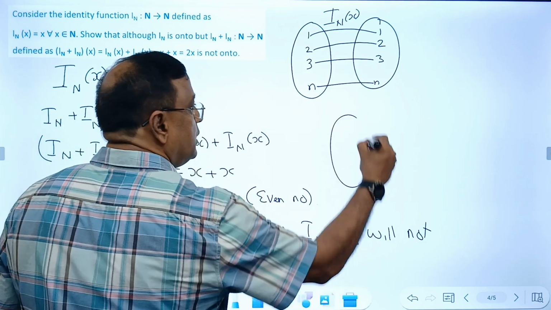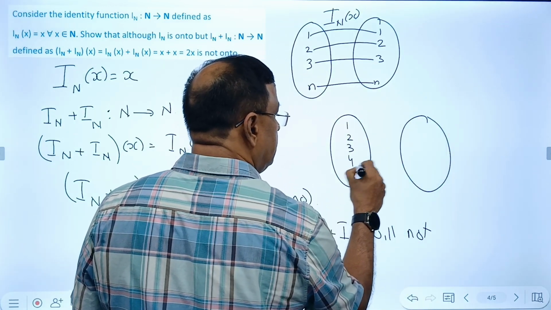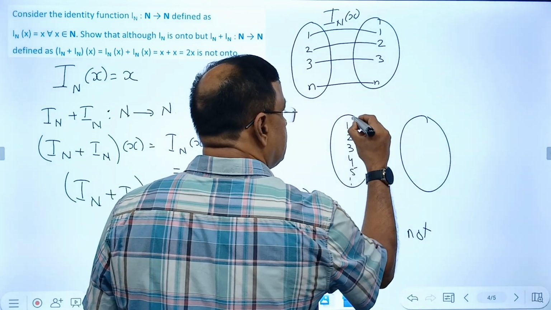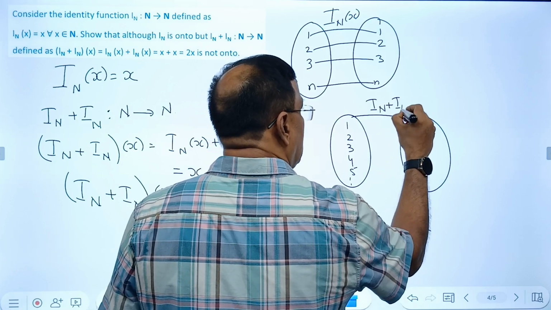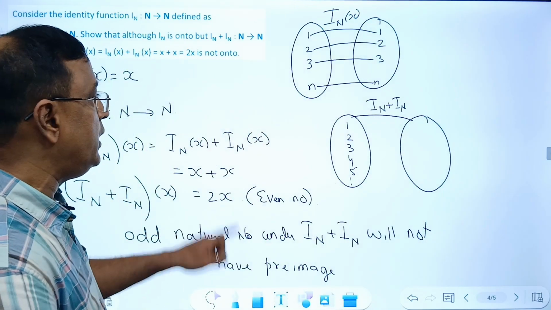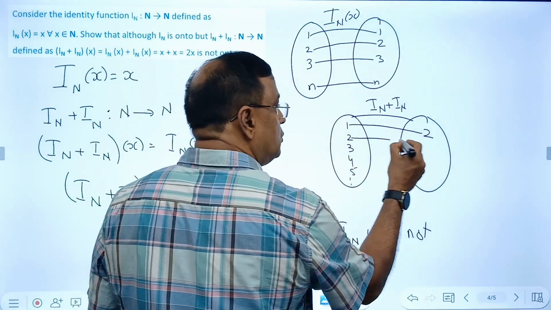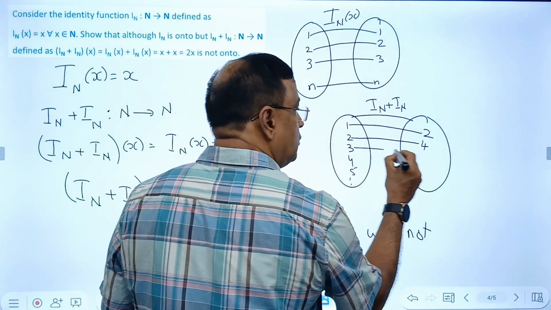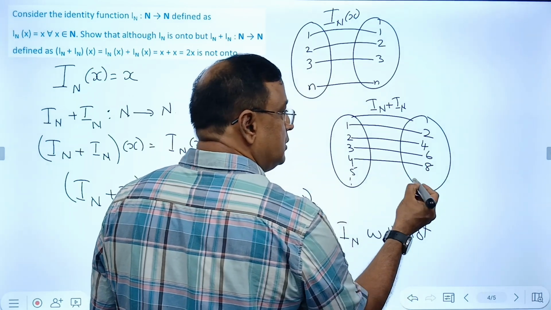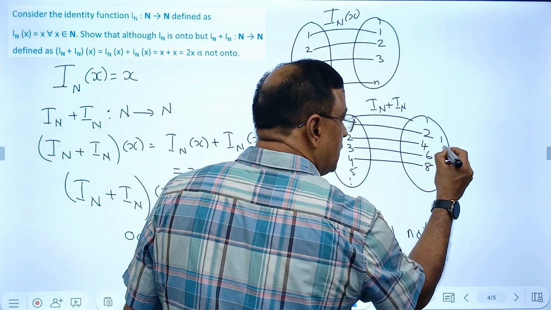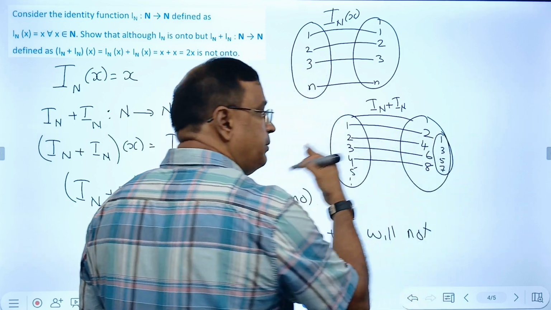For example, if you take 1, 2, 3, 4, 5 and so on, this is the function in plus in. How is it defined? It is defined as 2x. So 1 will go to 2, 2 will go to 4, 3 will go to 6, 4 will go to 8, like that. But all the odd numbers 1, 3, 5, 7, they do not have a pre-image.